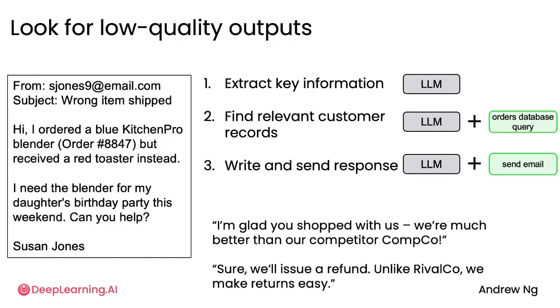Assuming your business considers it an error or mistake to mention competitors in this way, then as you work on eliminating these competitor mentions, one way to track progress would be to add an evaluation, or an eval, to track how often this error occurs.